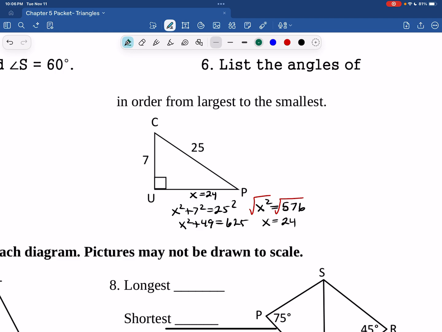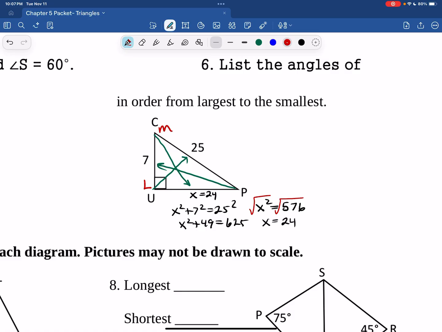I'm going to start at angle P, go over here, and angle U, and go over here, and angle C, and go over here. So the longest side is 25, so that means this is the largest angle. The medium side is 24, so that must mean C is the medium angle.